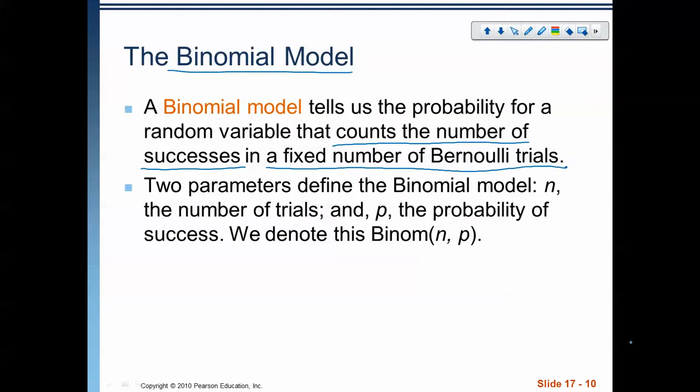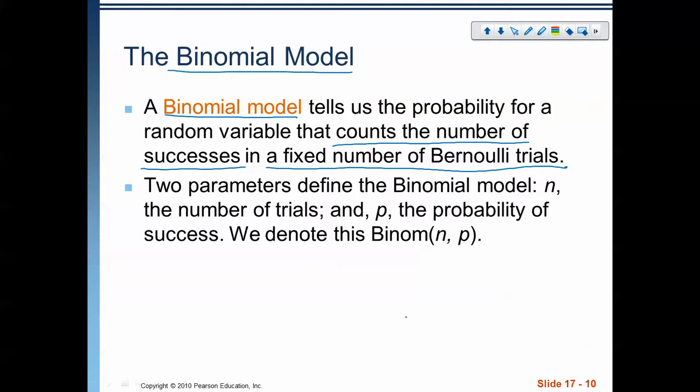So again, we want to read into the problem to make sure that it matches the Bernoulli trials. As long as that occurs, we can make a binomial model happen when the question is framed in such a way that we're counting the number of successes in a fixed number of trials.